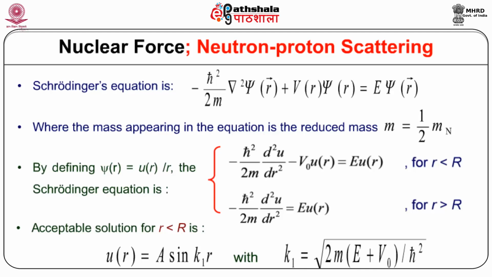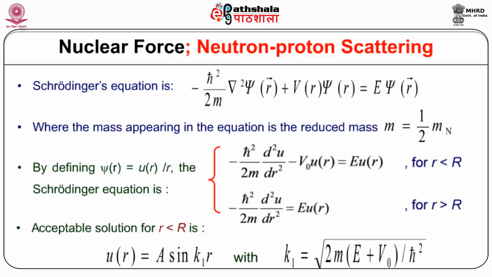The Schrodinger wave equation is given by minus h bar squared by 2m del squared psi of r plus V of r psi of r equal to E psi of r, where the mass appearing in the equation is the reduced mass, that is m equal to half of m_n. Why? Because neutron and proton have more or less the same mass, so the reduced mass is half the mass of either the proton or the neutron.